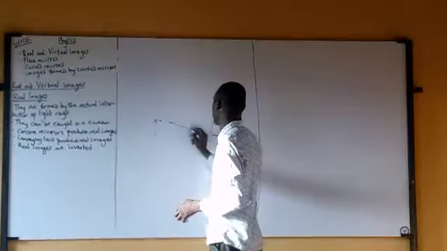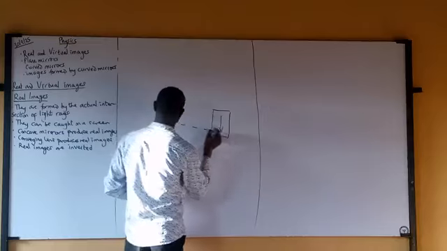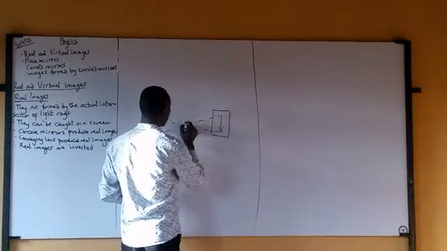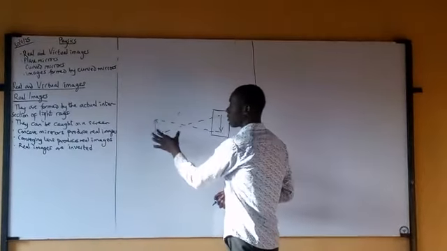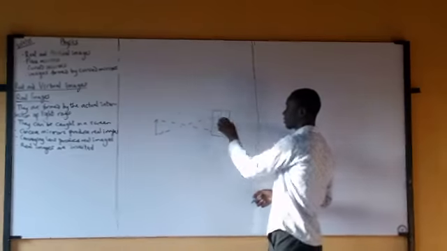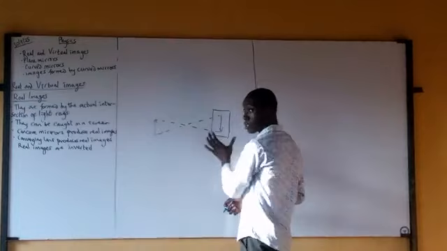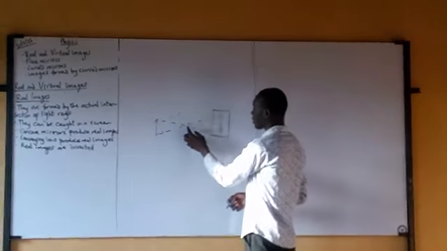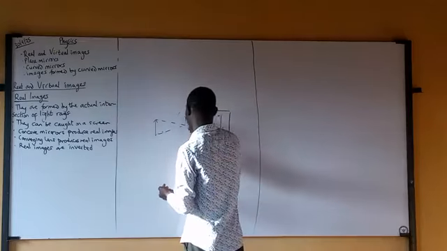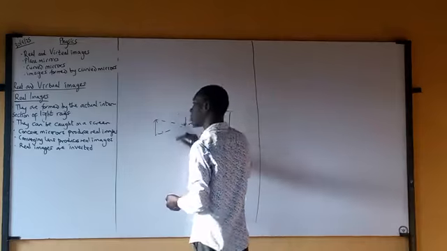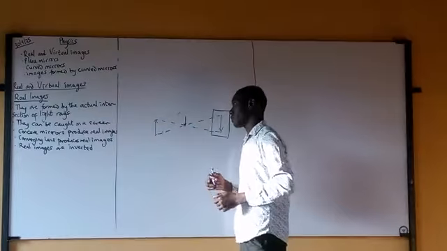So when you have something like this cast on the screen in which the image is inverted, it can be seen on the screen, and it's actually formed by the intersection of light rays, perhaps somewhere here. Either way, we say a real image is formed.